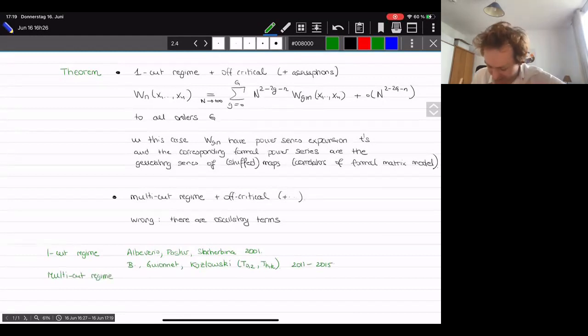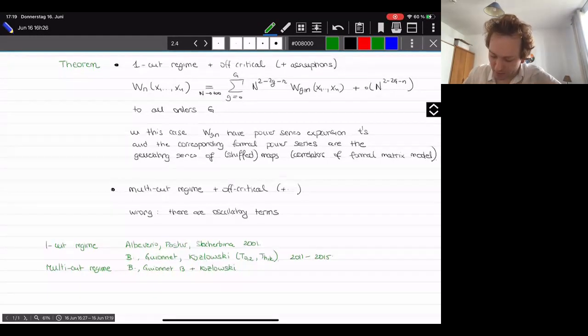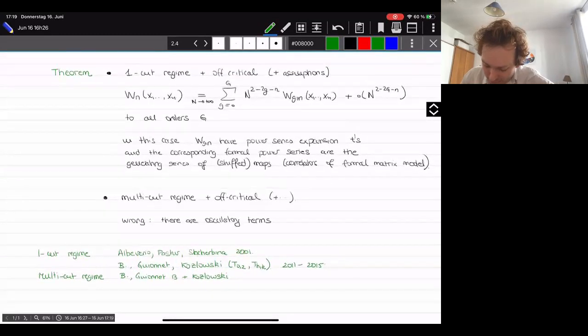What does the asymptotic expansion look like? One can describe to all orders what it is. And here it's a combination of techniques from large deviations and from analysis of the Dyson equations.